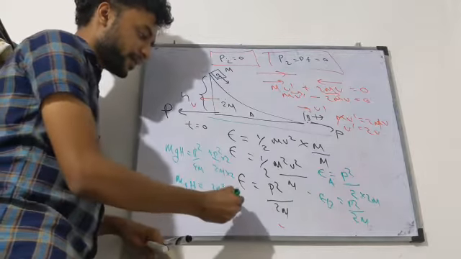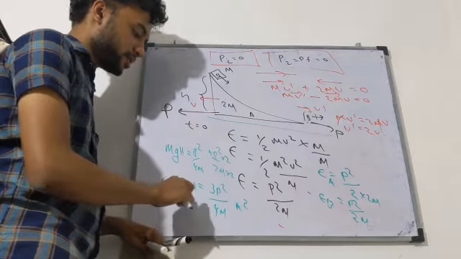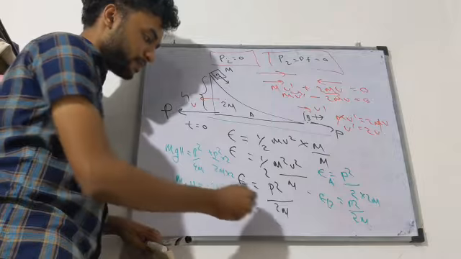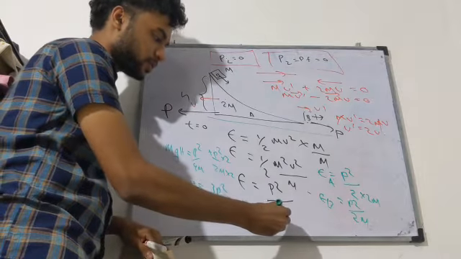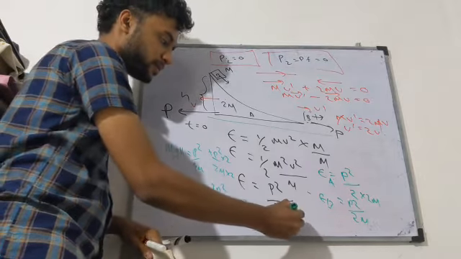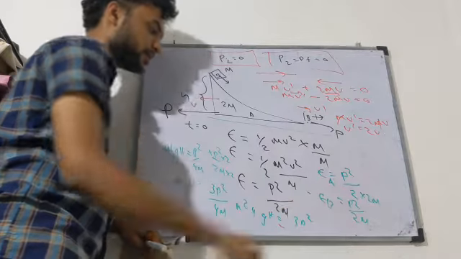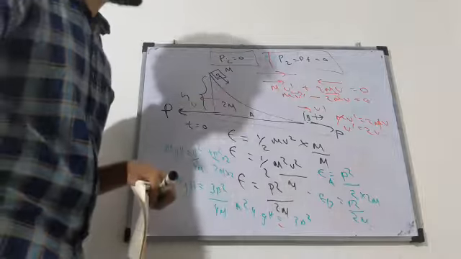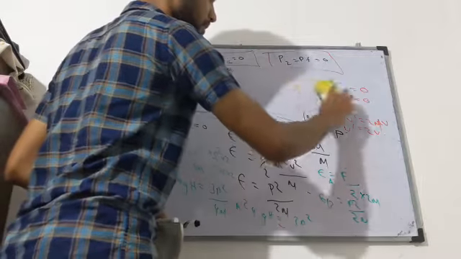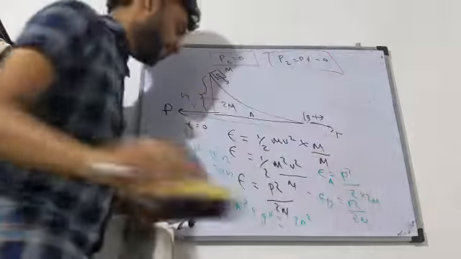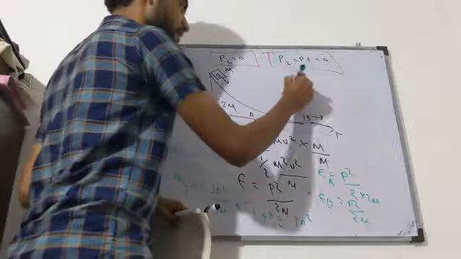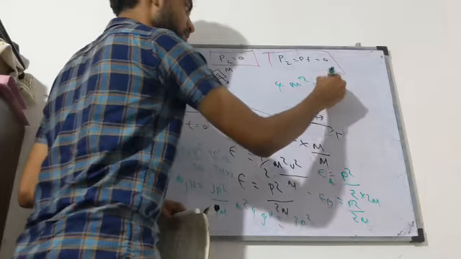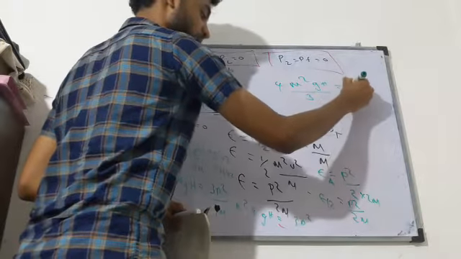So I get m squared times 4 times gh is equal to 3P squared. I may erase this part. So I get 4m squared gh divided by 3 is equal to P squared.